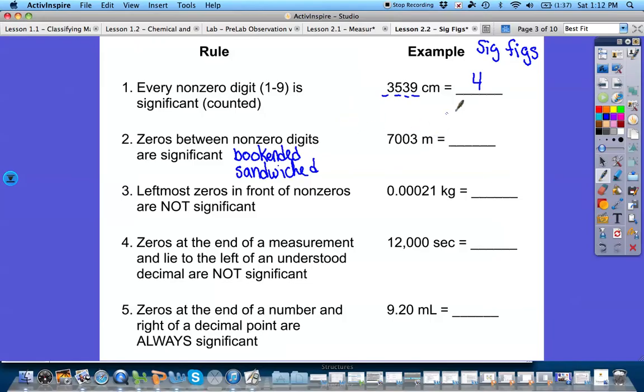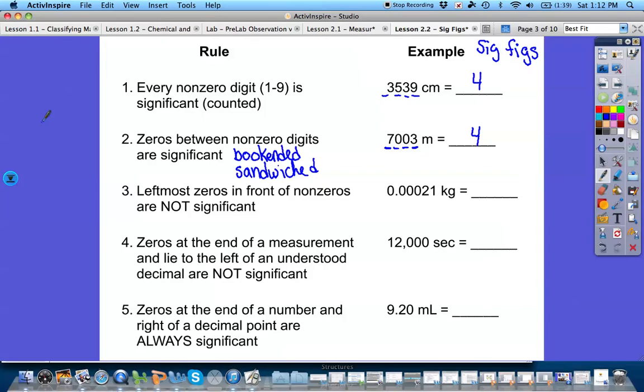So the number 7,003 meters, these two zeros are significant because they are sandwiched in between two non-zero digits. So we have 4 significant figures in that number as well.